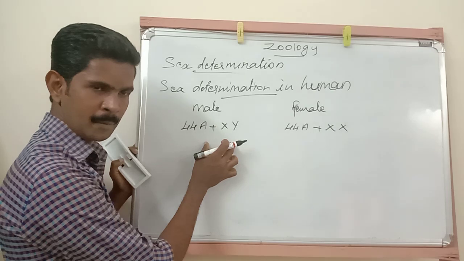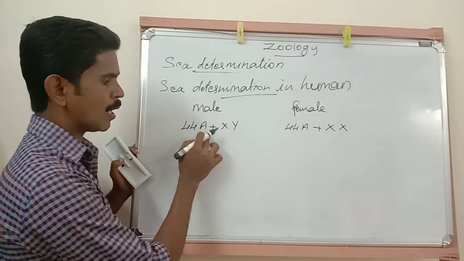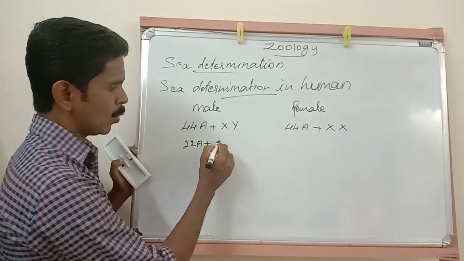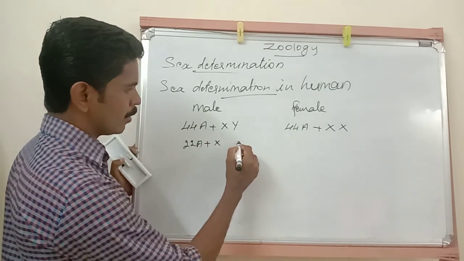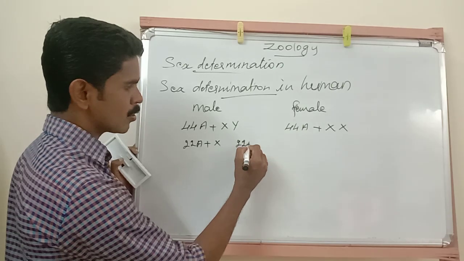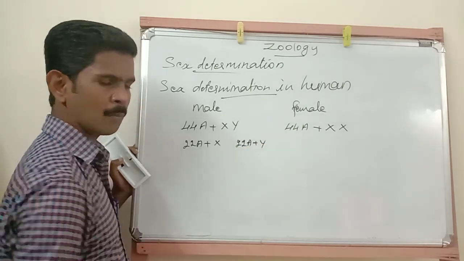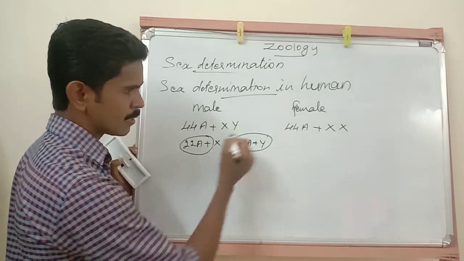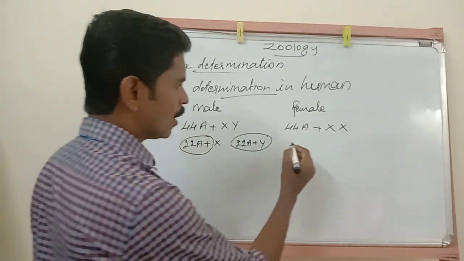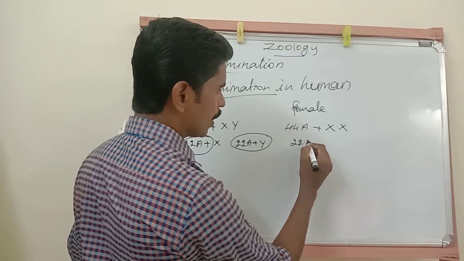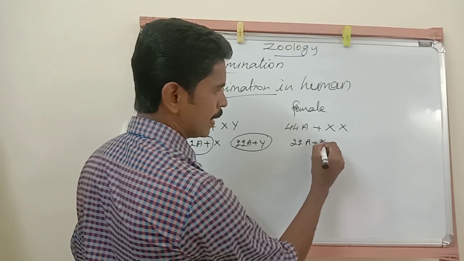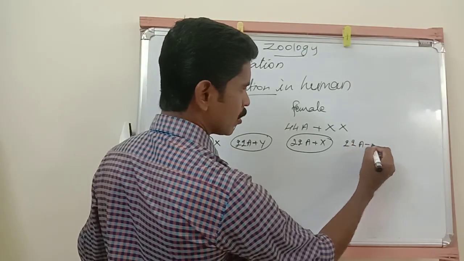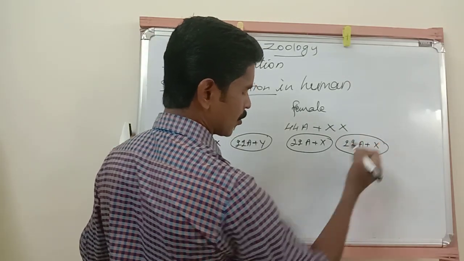Here 44 autosomes means 22 autosomes plus 1 X chromosome, and 22 autosomes plus 1 Y chromosome. So this is one sperm and this is the next sperm. Then in female also, 22 autosomes plus an X chromosome and 22 autosomes plus another X chromosome.